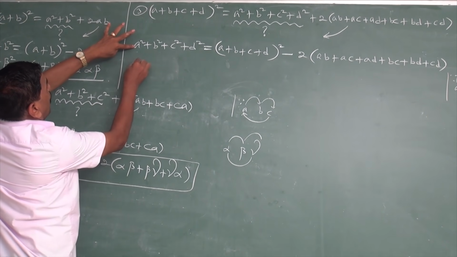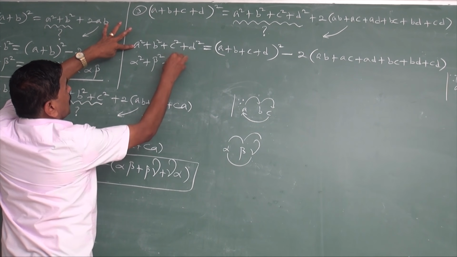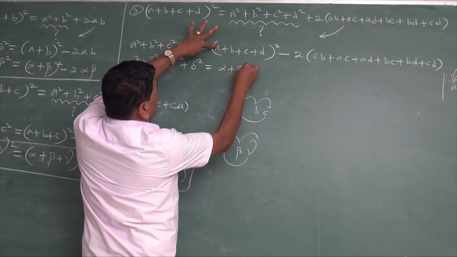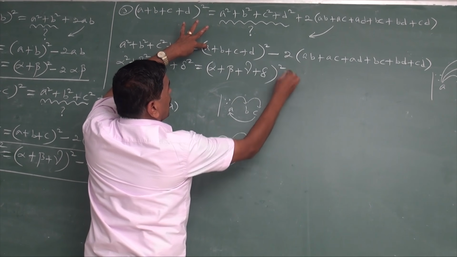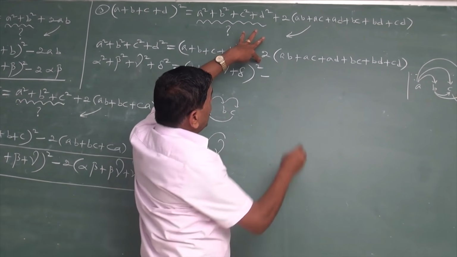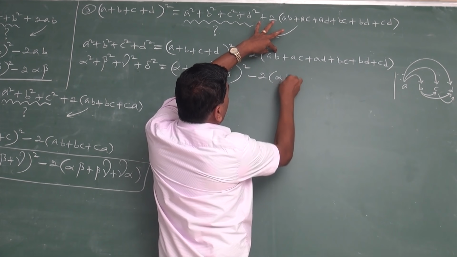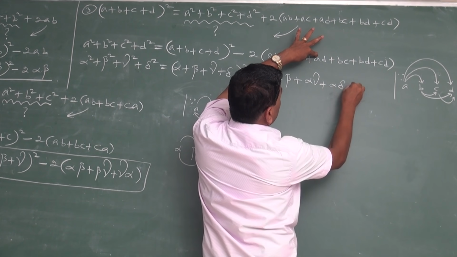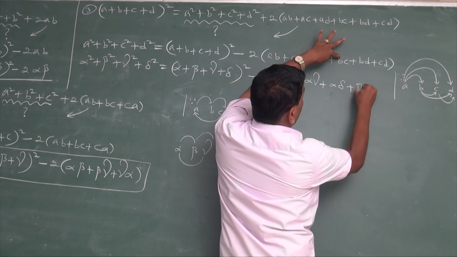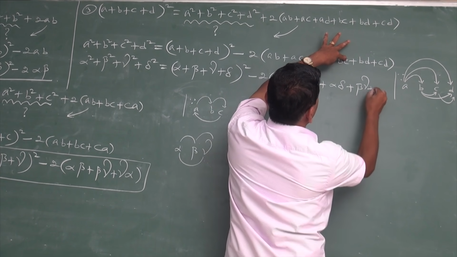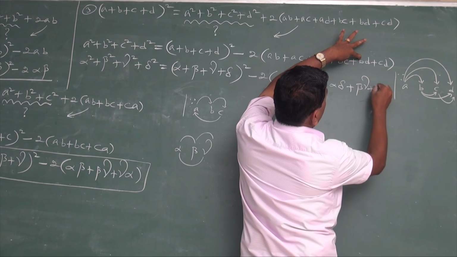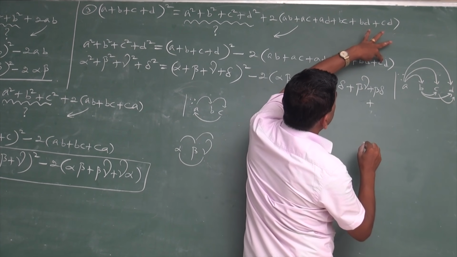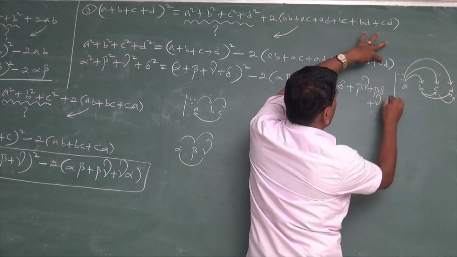So we get alpha square plus beta square plus gamma square plus delta square, which is equal to alpha plus beta plus gamma plus delta the whole square minus twice of alpha beta plus alpha gamma plus alpha delta plus beta gamma, where b equals beta and c equals gamma, plus beta delta, where d is equal to delta, plus gamma delta. That's all. Complete the bracket.